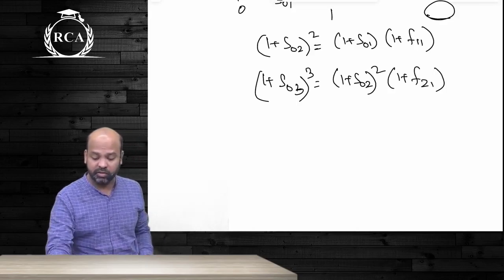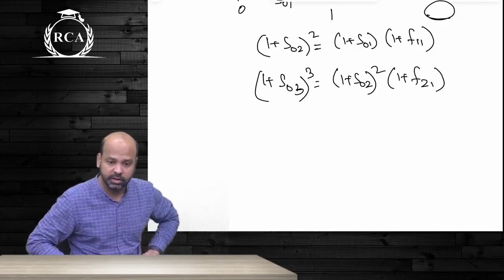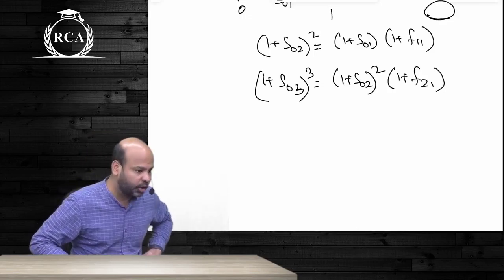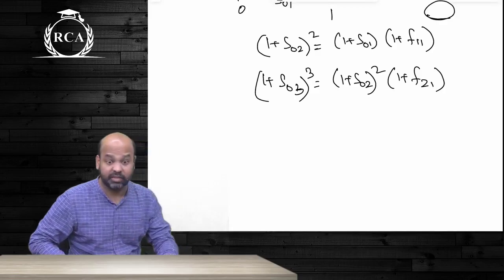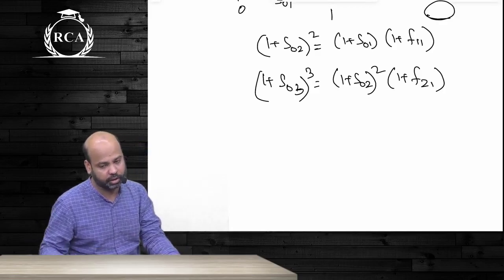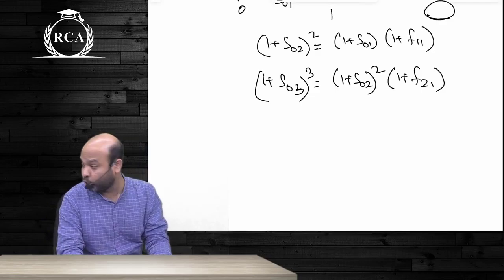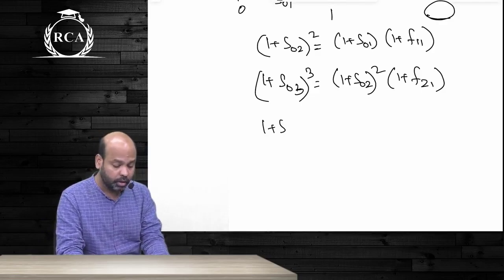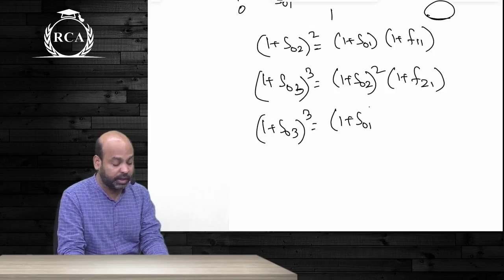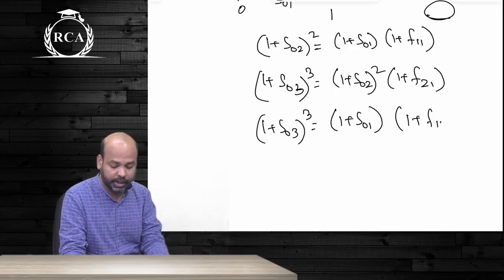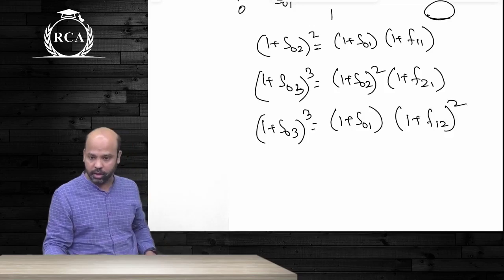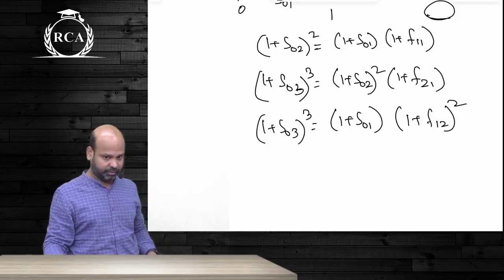This is investing at spot rate for a period of 3 years, or investing at spot rate for 2 years and then investing at forward rate for the third year. If they ask us to compute F12, (1 plus S03) whole cube will be equal to (1 plus S01) into (1 plus F12) whole square. This is how you will be arriving at F12.